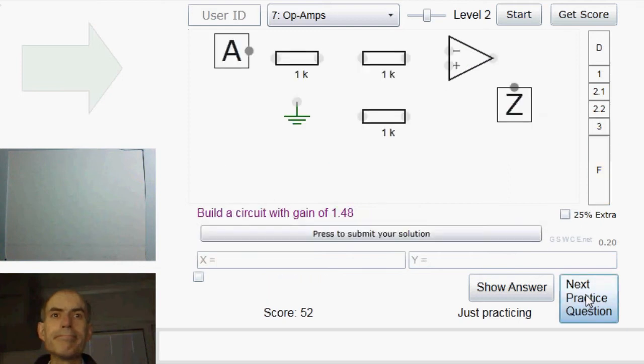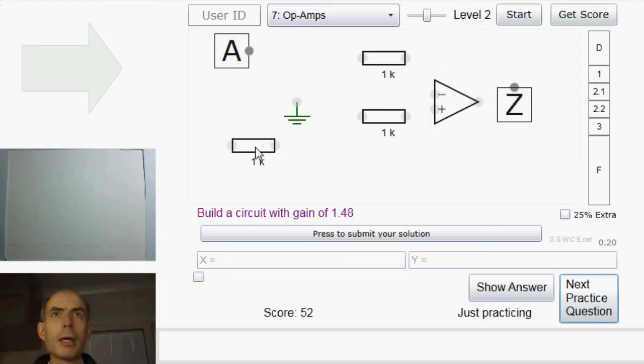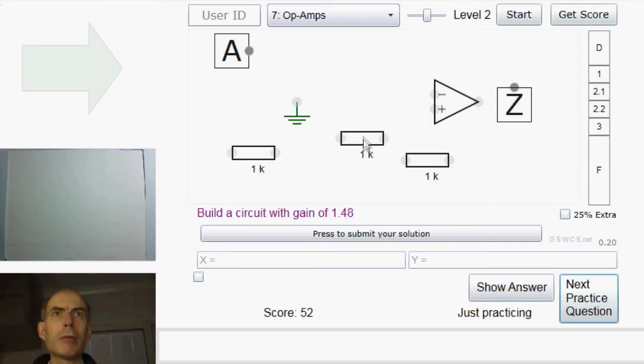Next. This time we want a circuit with a positive gain, so we need to build a non-inverting amplifier. A non-inverting amplifier would have the input here going into the plus terminal. If I double click on these, they swap over, by the way. Might make it easier to draw. There.